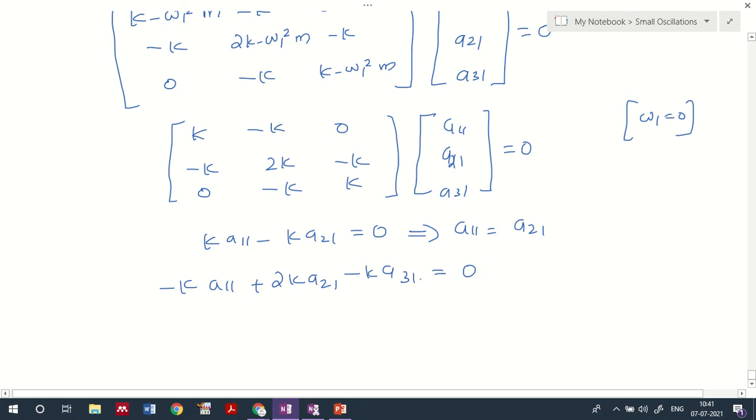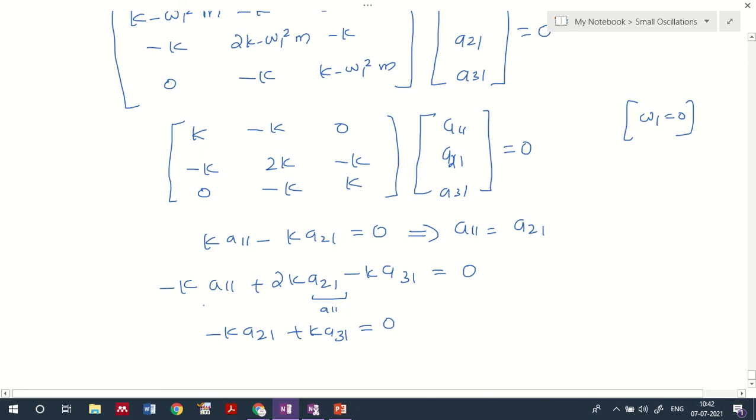Now in this case we know that a21 is a11. Or rather you can substitute a11 as a21 here. So if you substitute a11 as a21, then you will be having the equation as minus k a21 plus k a31 is equal to 0. How did I get this?